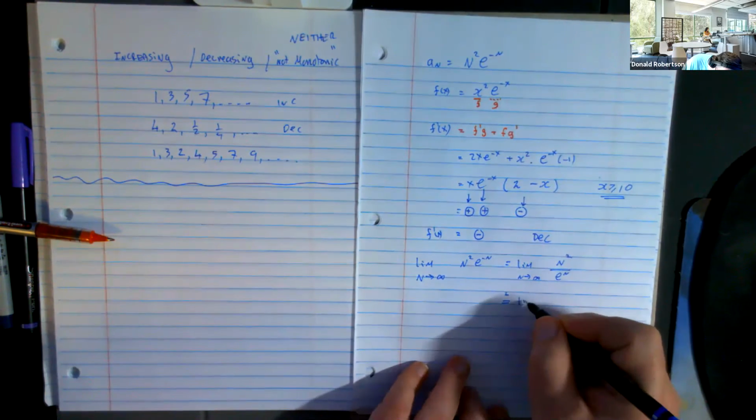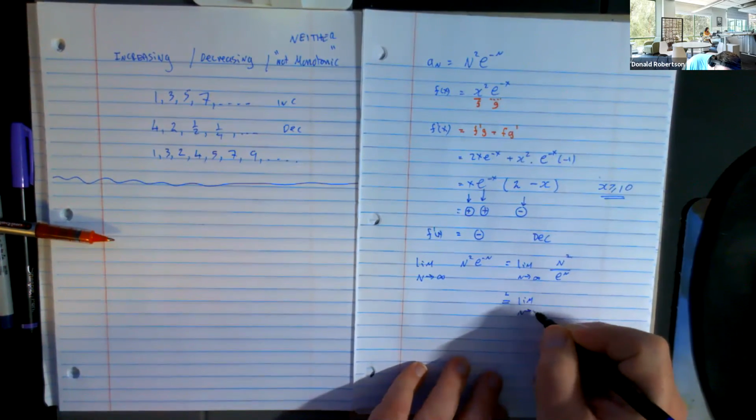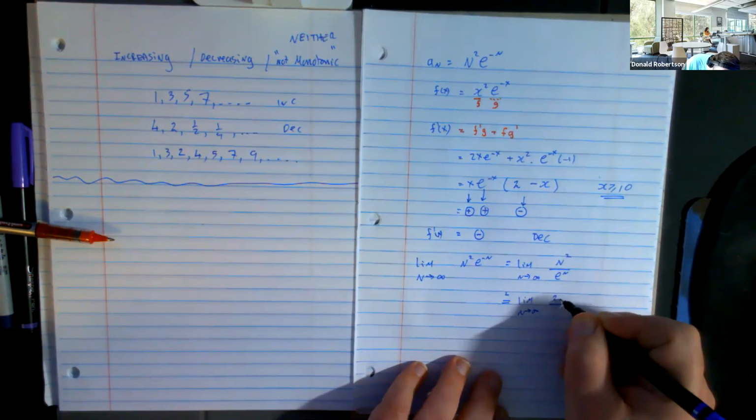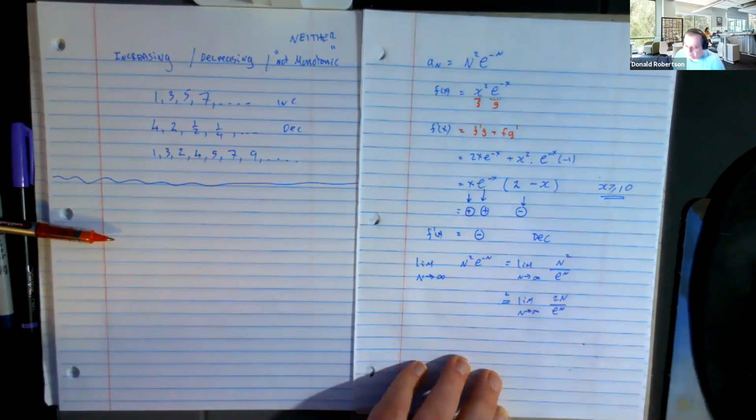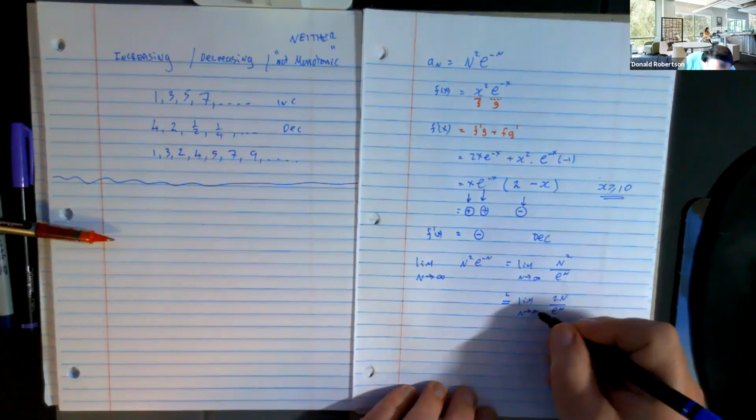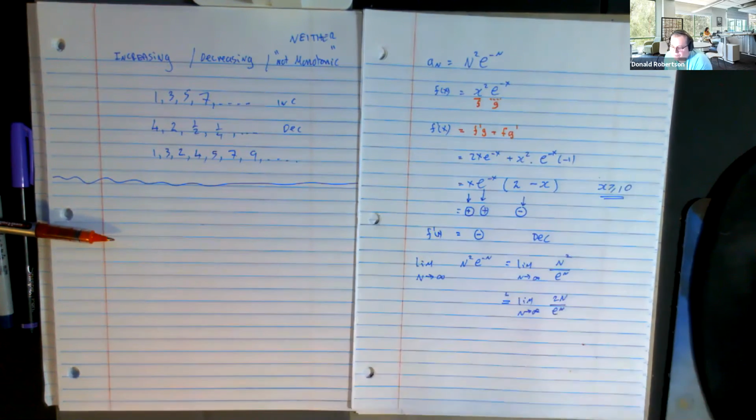And according to L'Hopital, can't you just find the derivative of the top and the derivative of the bottom separately? And then the limit as n tends to infinity. Now, if the answer is still infinity over infinity, which it is in this case, don't you just do L'Hopital again?